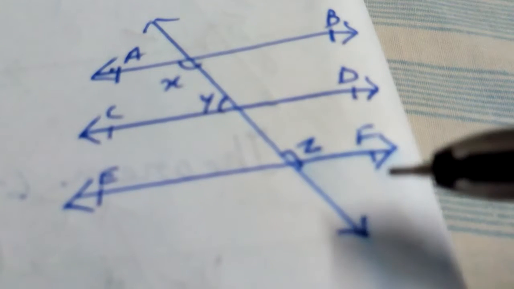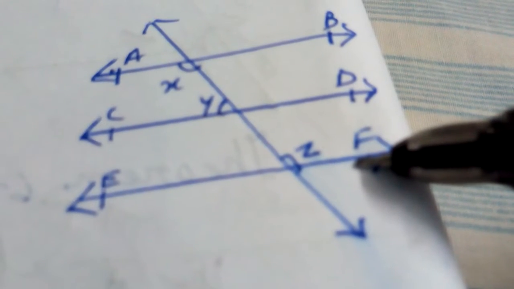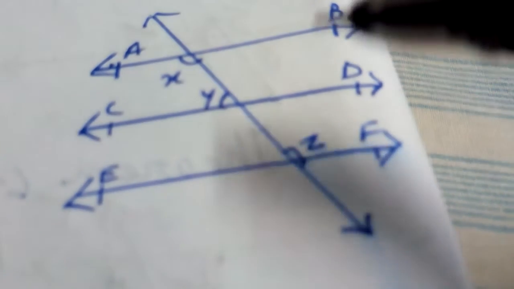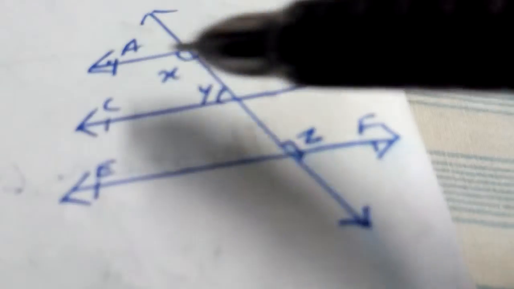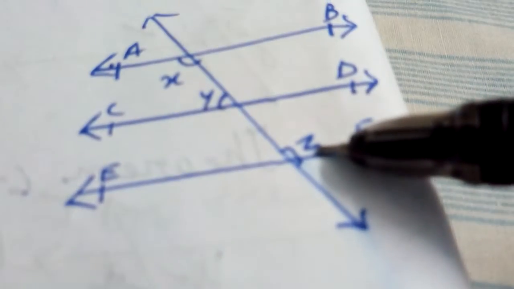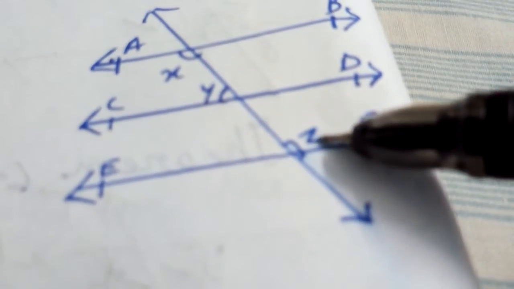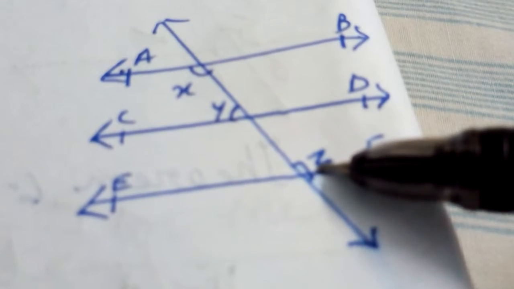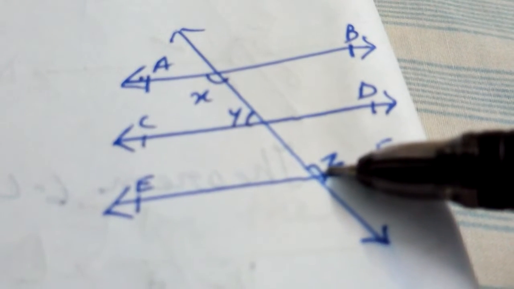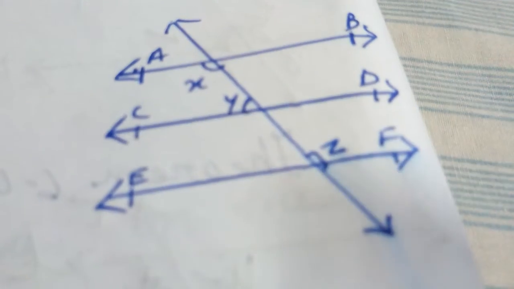So AB and EF are parallel. And this is the transversal. Therefore, x is equal to z. Since AB is parallel to EF and this is the transversal, x is equal to z because they are alternate interior angles.